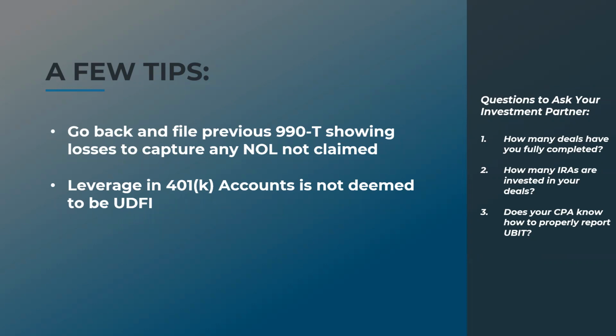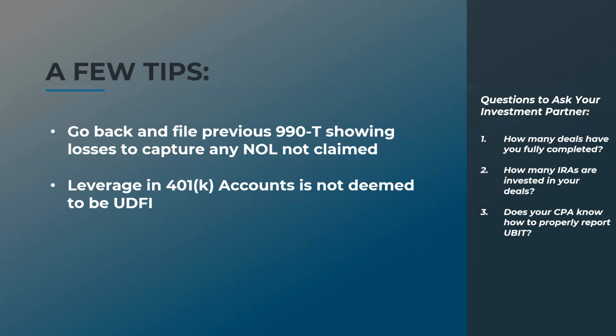How many IRAs are invested in your deals? Are there potential downfalls? Do you communicate with them that this is not necessarily IRA friendly, in the fact that it could have some unrelated debt finance income disclosures? Good syndicators and good deal sponsors will know this.